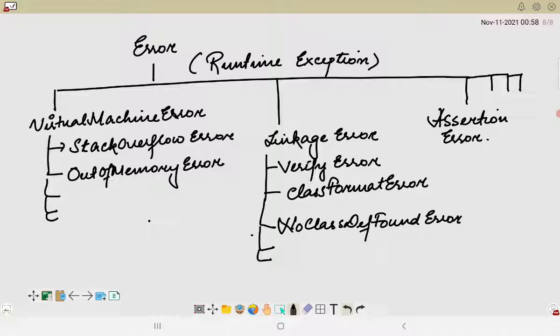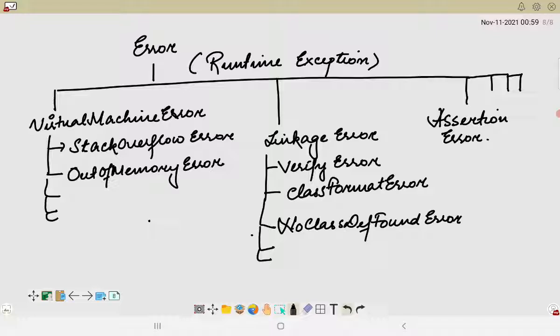And we have to understand that Throwable is the parent class of all exceptions. So whenever we are considering any exceptions in our program or in the system, we have to understand that the Exception class is extending the Throwable class. So Throwable is the parent of all exceptions.